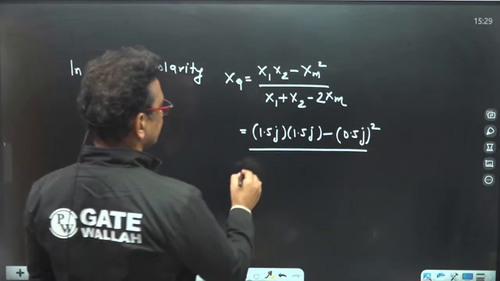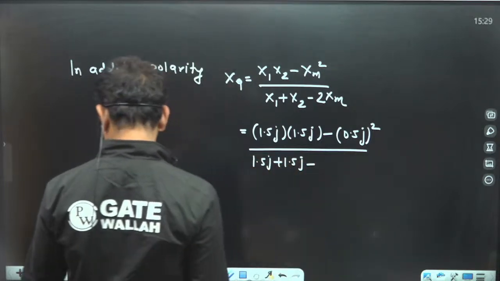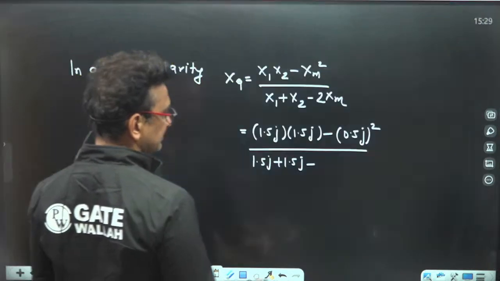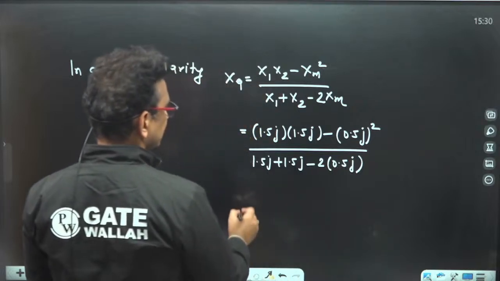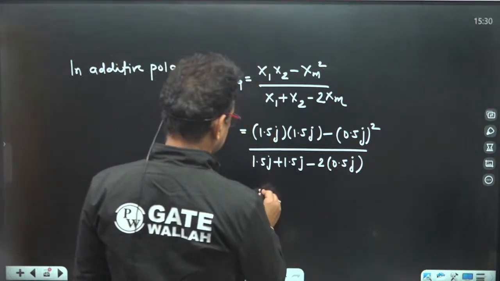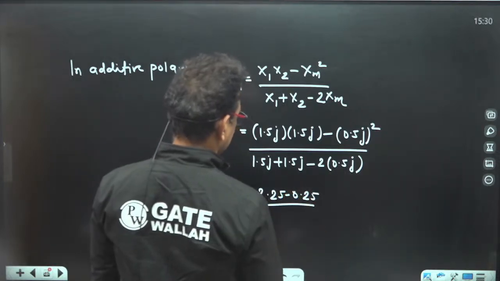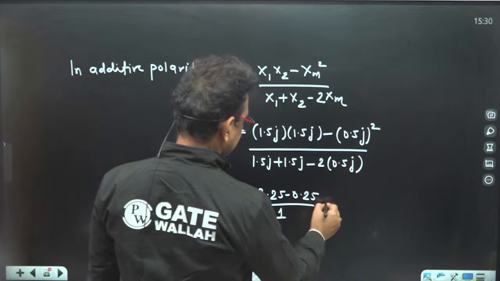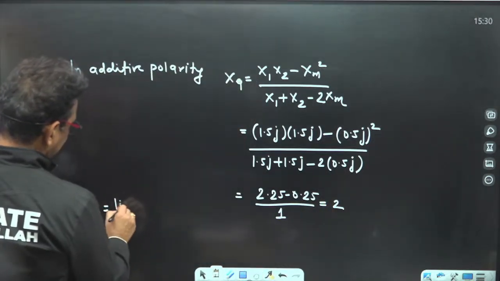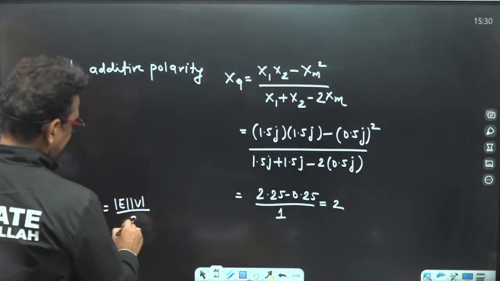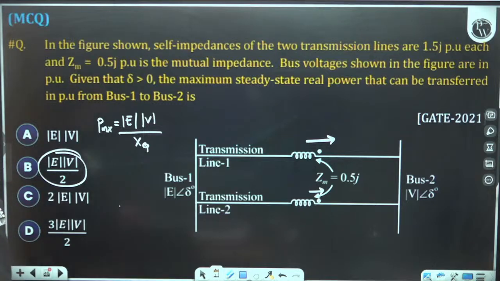X1 plus x2, 1.5 j plus 1.5 j minus 2 into 0.5 j. So 2.25 minus 0.25, 3 minus 2, 1, 2 came. So P max is the value of EV divided by 2. B is the right option.